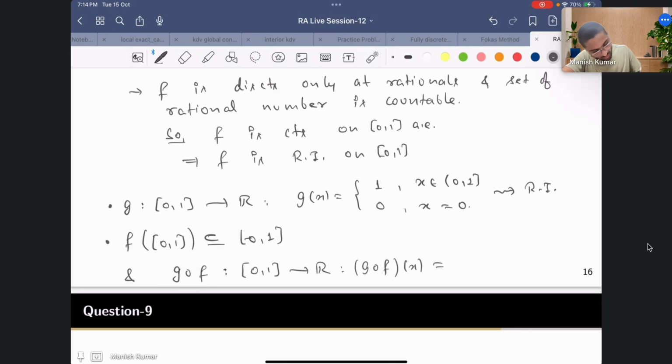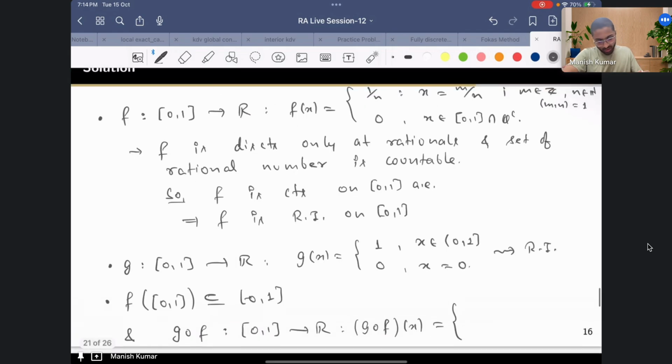See, when x is a rational number, in particular of the form m by n, then f will take the value 1 by n, correct? And because this 1 by n belongs to the interval 0 1, that will give you the output 1.